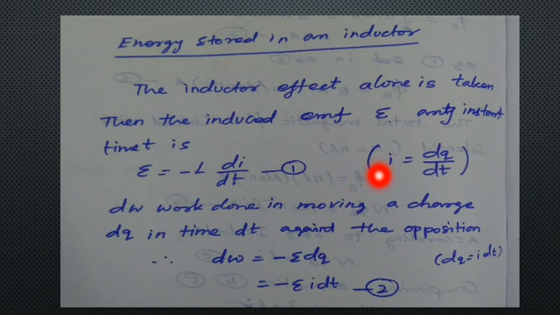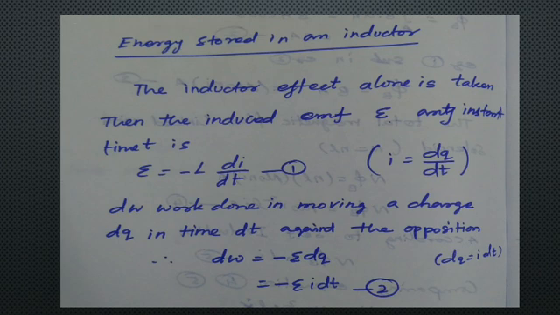Please remember the current I is the rate of flow of charge, dq by dt. So the EMF is equal to minus L di by dt. Now dW is the work done in moving a charge dq in the time dt against the opposition.